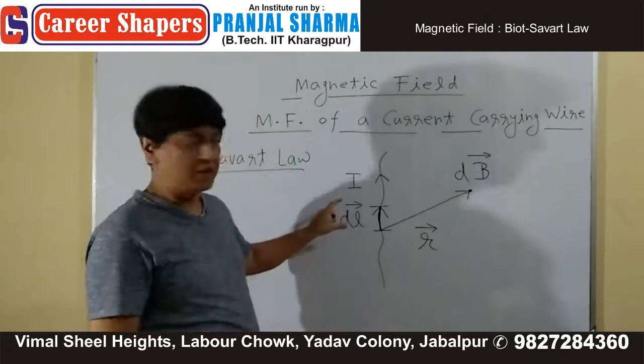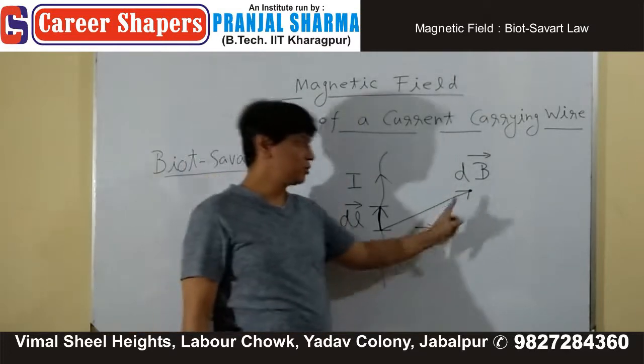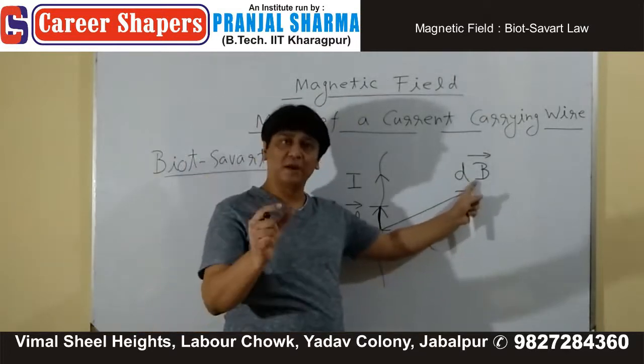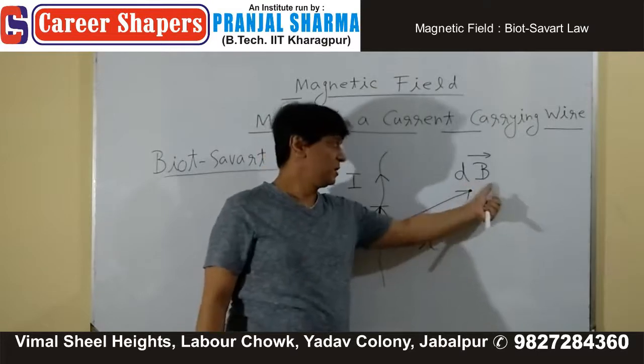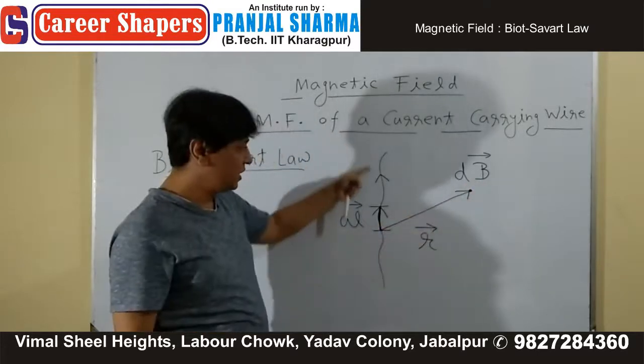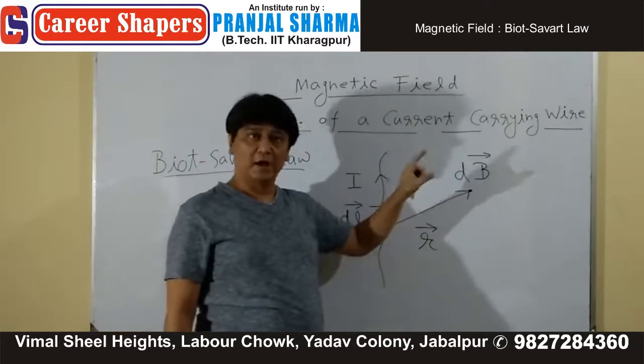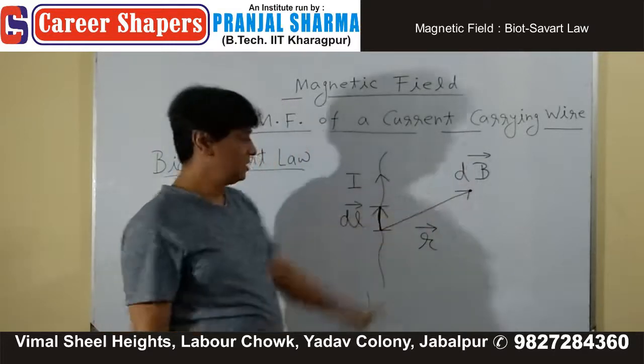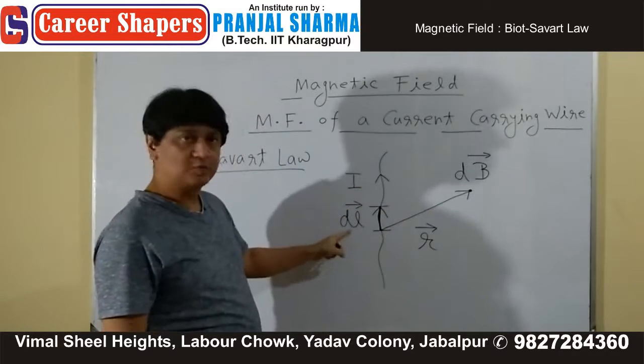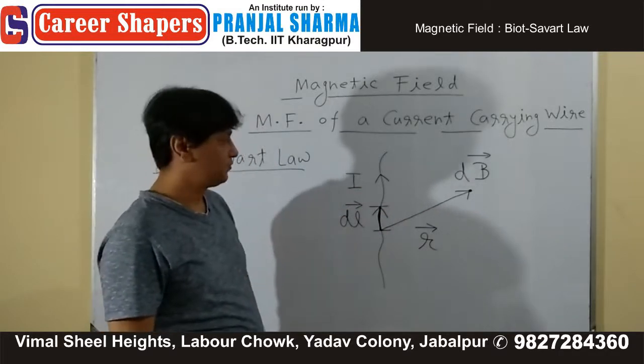It's a small segment and therefore its contribution in magnetic field is also very small, dB. When we find the magnetic field of the whole wire, we'll remove the d. But right now, this dB is the magnetic field produced by a small dl element.